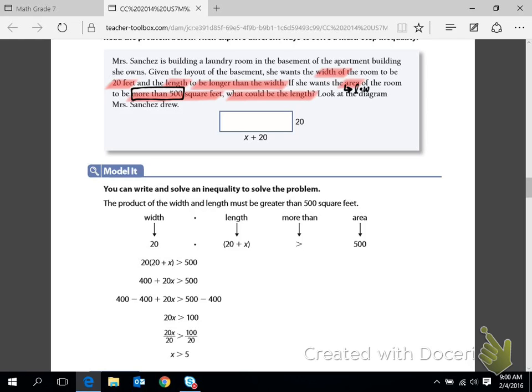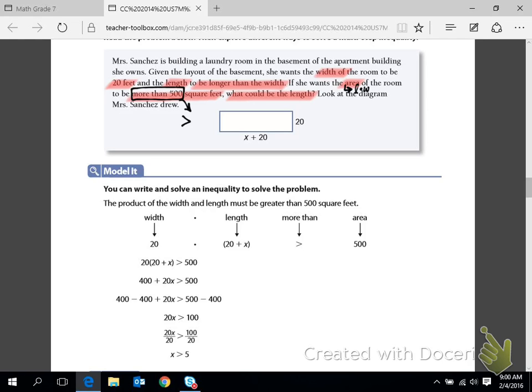So what inequality symbol should we use? Greater than. Well, if it's going to be more, it needs to be greater than, but could it be equal to? No, because it has to be more, so more would be greater than.